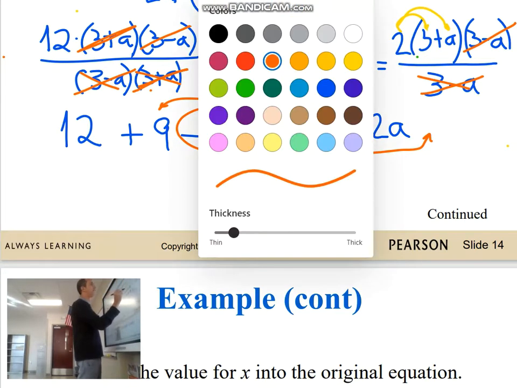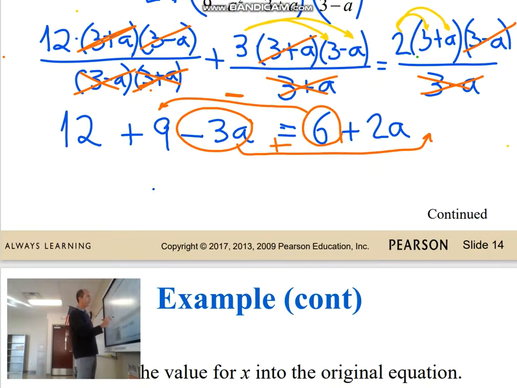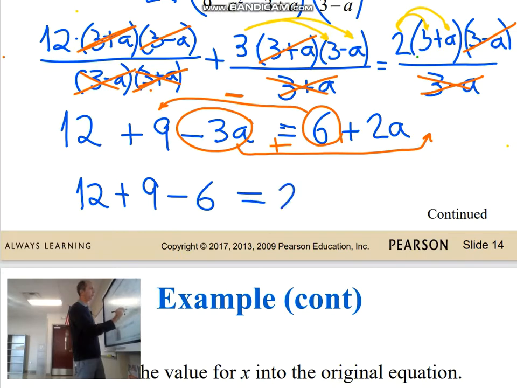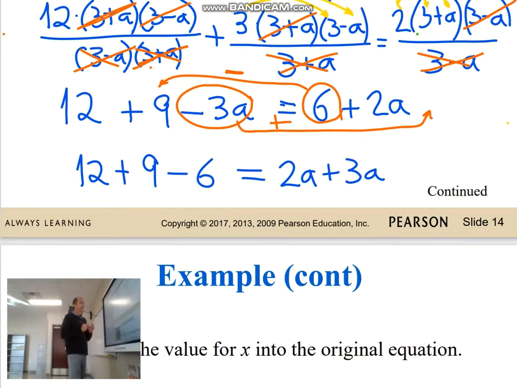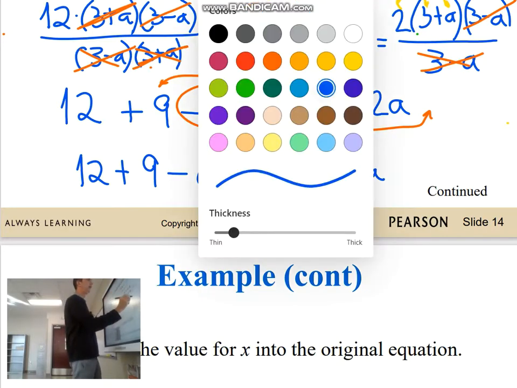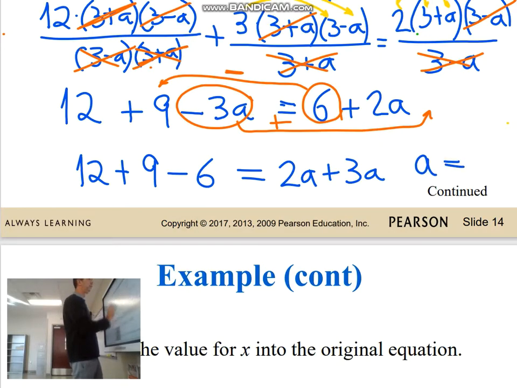So 12 plus 9 minus 6 equals 2a plus 3a. 12 plus 9, 21, 21 minus 6, 15. 15 equals 2a plus 3a, 5a. That means a equals 15 divided by 5, 3.